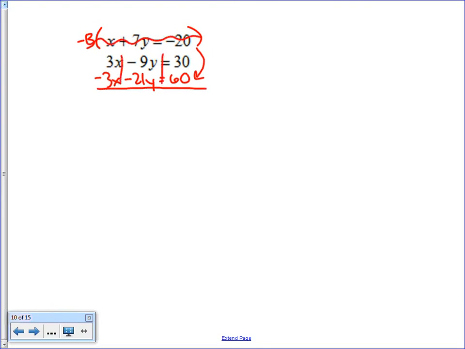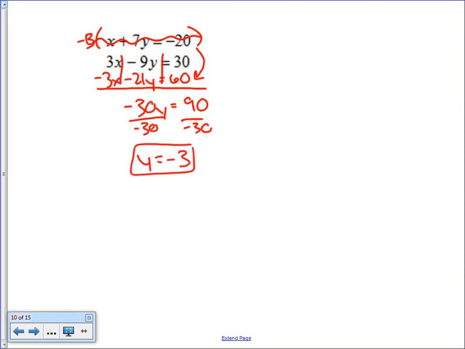Add these two equations together. So the x terms are going to cancel out. I get a negative 30y will equal 90. And dividing by a negative 30 on both sides, I get y equals a negative 3.